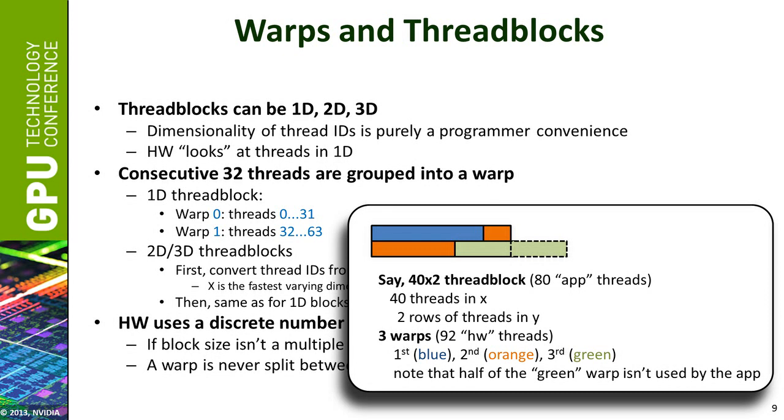Looking at it, what I have in blue here, the first 32 threads, is your first warp. In orange is your second warp. We just continue on, and then the very last warp we don't fully utilize. We use 16 threads to get to the 80 threads that the application needs, and since we have to allocate discrete warps, we have 16 threads that are not used by our application.